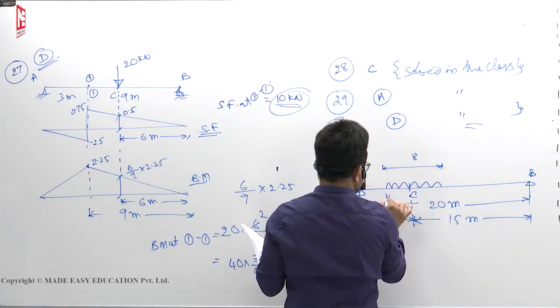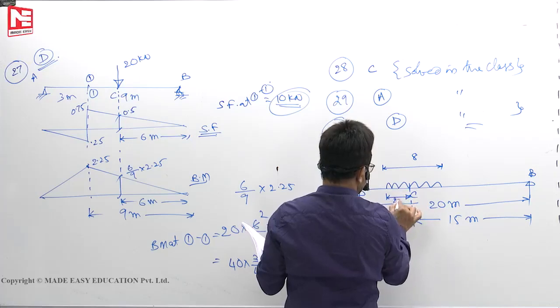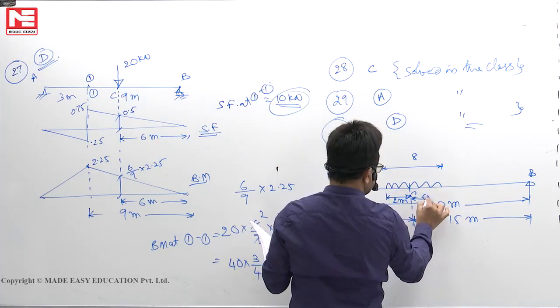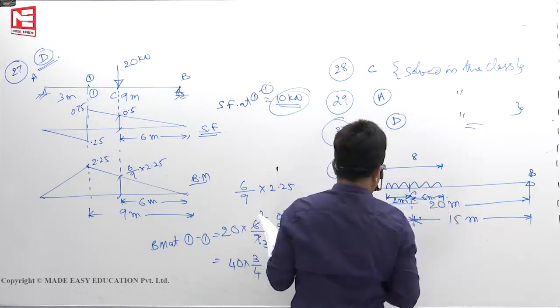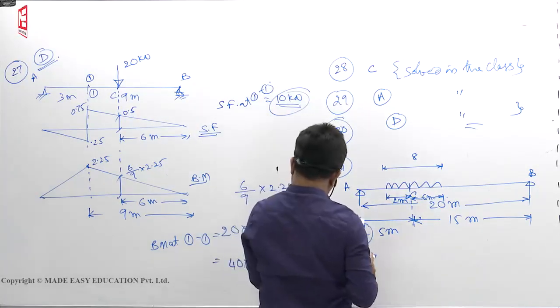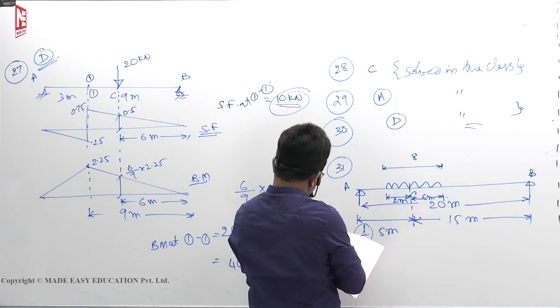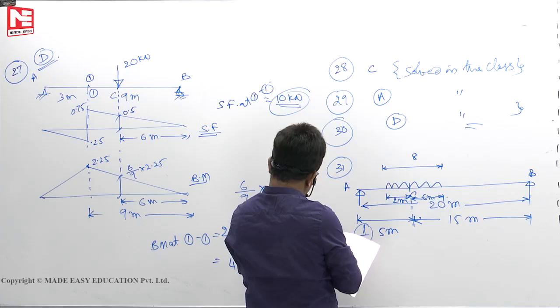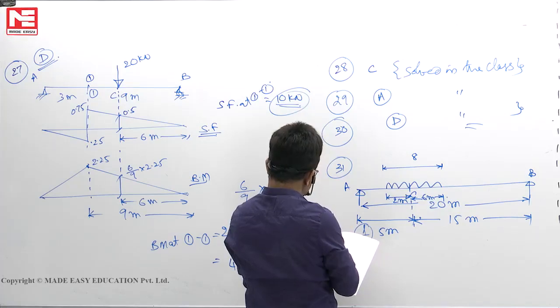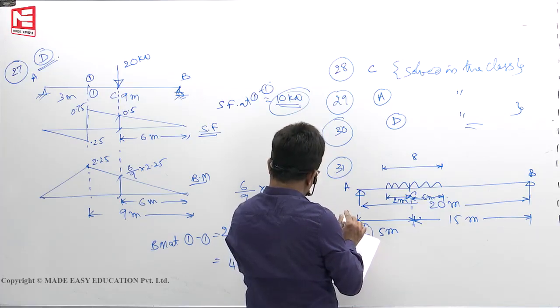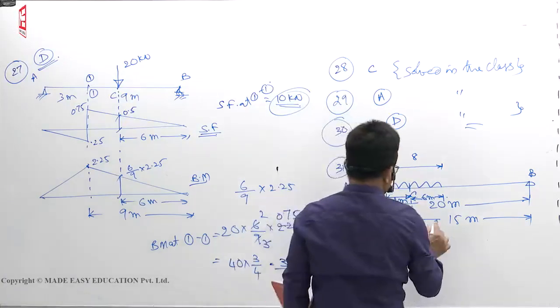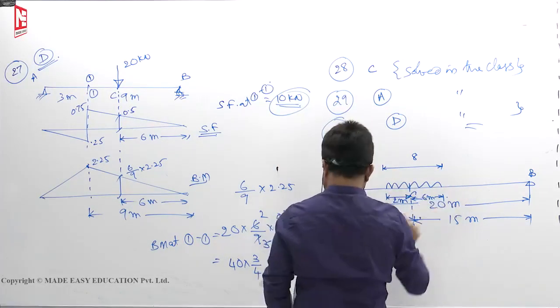That means 8 by 4 means 2 meters. Other length 6 meters. Now he is asking about the distance between the CG of the total load and midspan. Where is the midspan? 20 meters means midspan is somewhere here.